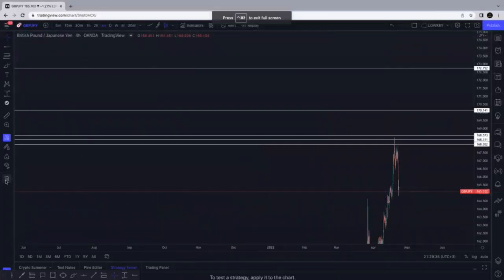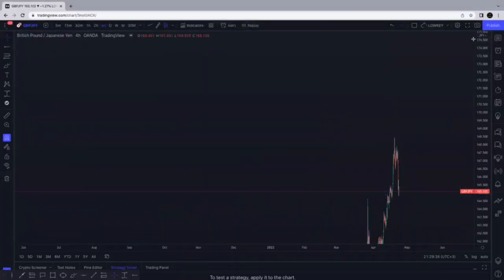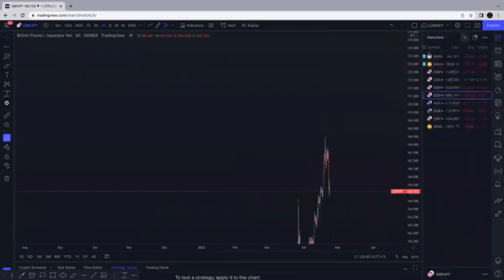Another pair you wanted us to analyze. You said gold, GBP JPY, and GBP USD. GBP USD.